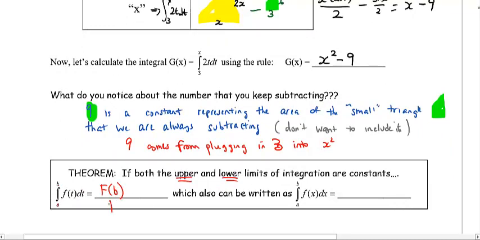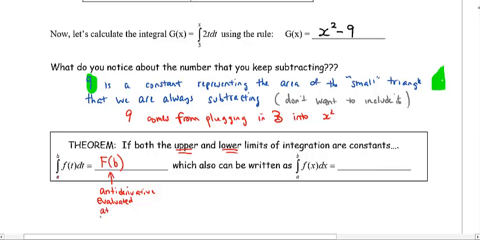So this is the antiderivative, because the antiderivative of 2t was x squared. Antiderivative evaluated at upper limit.